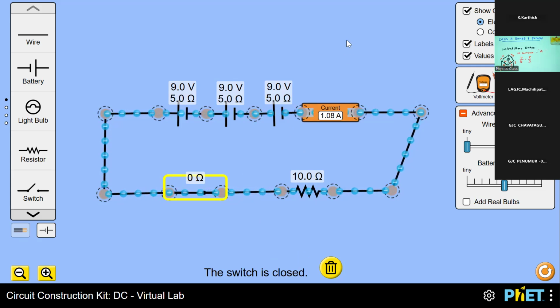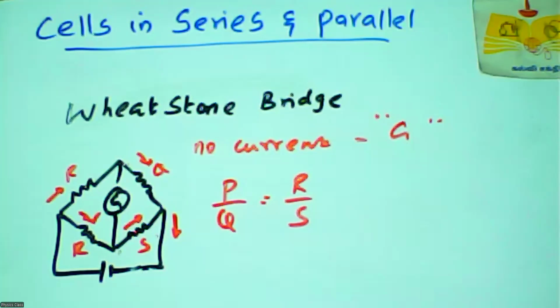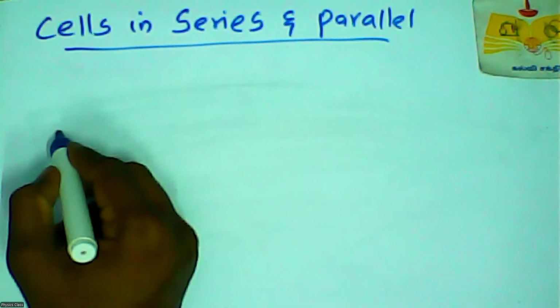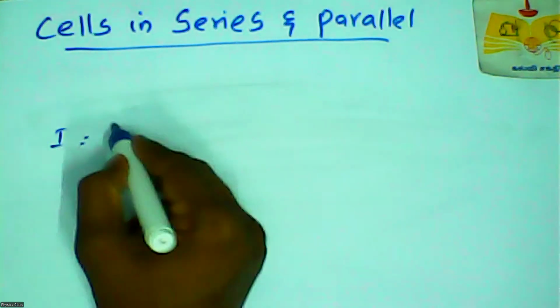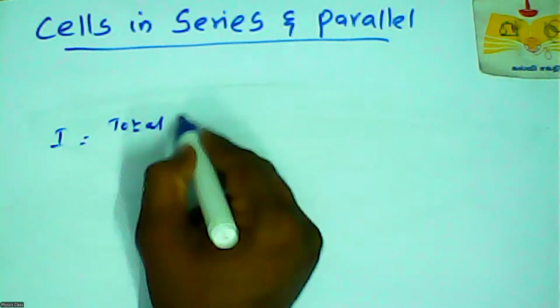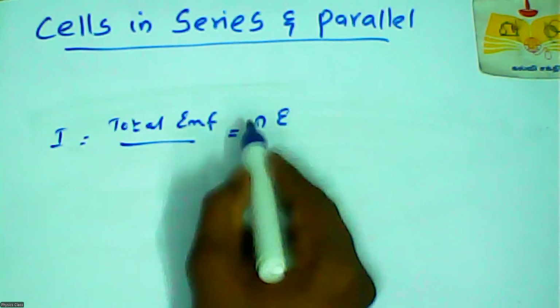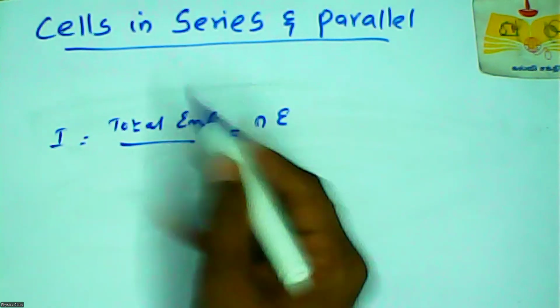For example, in cells in series, the current is total EMF, which means the number of cells times EMF, so you can place any number, 3 or 2.